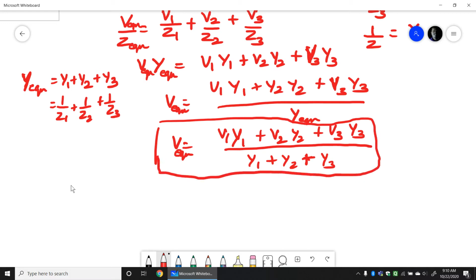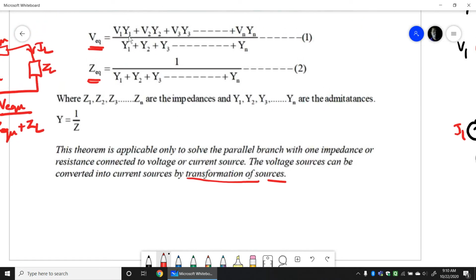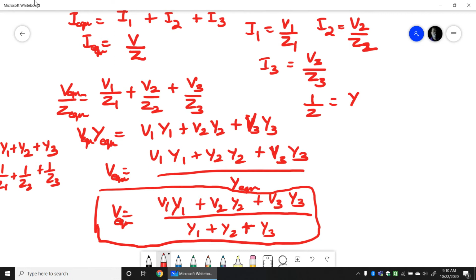Okay, so if you go back and see in the formula what it says, V equivalent equals V1 Y1 plus V2 Y2 plus V3 Y3 divided by Y1 plus Y2 plus Y3 if we have 3 branches. This condition is arrived when we had 3 branches in parallel with load.